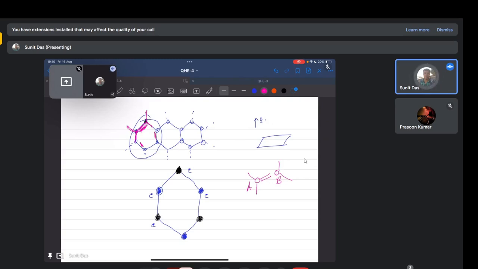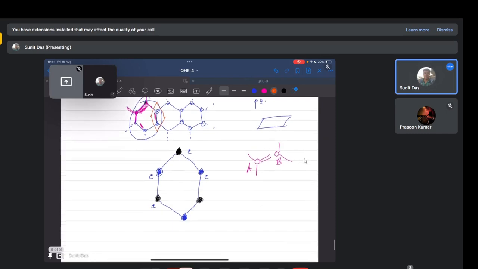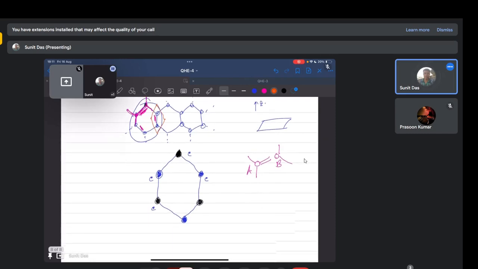So what I'm trying to find is the unit cell of this type of structure, and the unit cell is given by something like this. This should be a rhombus actually.